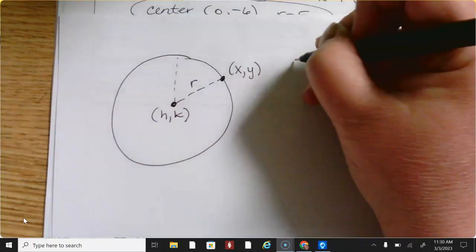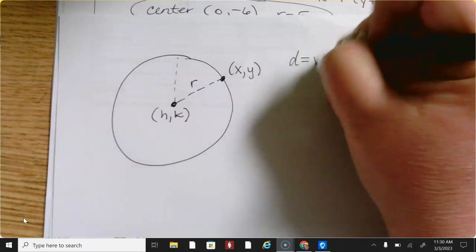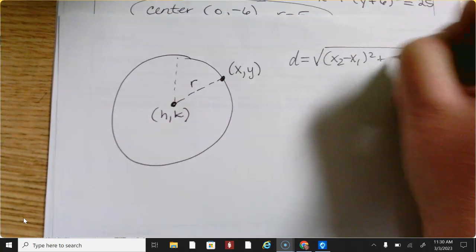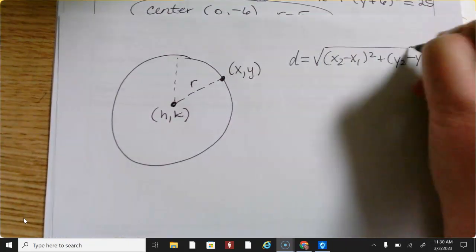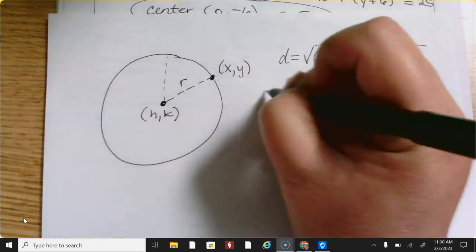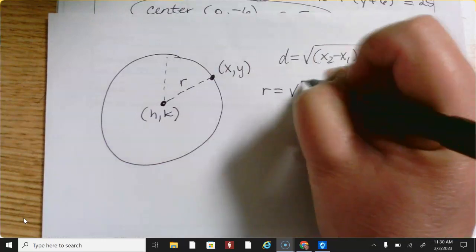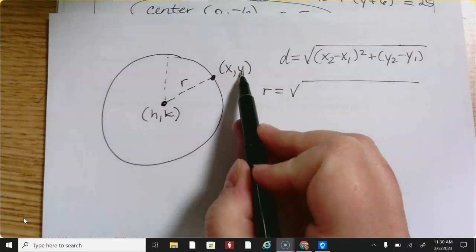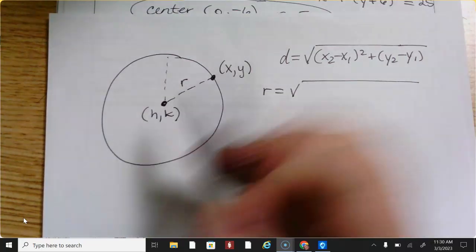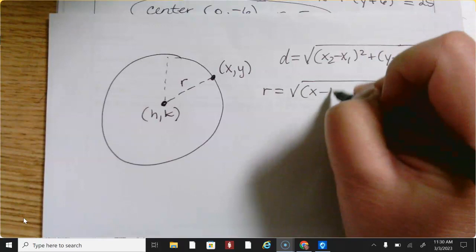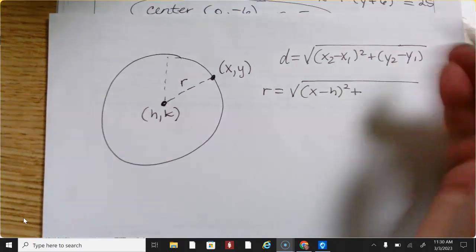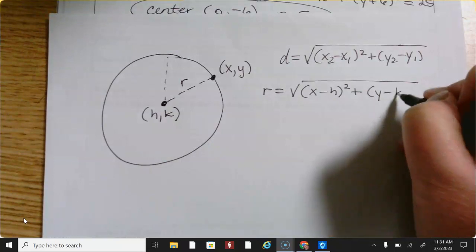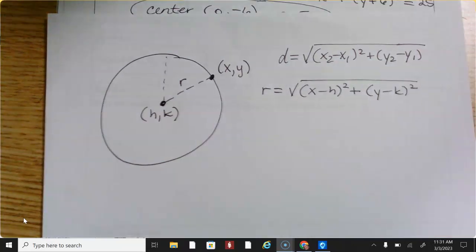Okay, so if the distance formula is this, then I could say that R is the distance between these 2 points. So X minus H, that's the difference between the X's, squared, plus the difference between the Y's, squared, would be Y minus K squared.